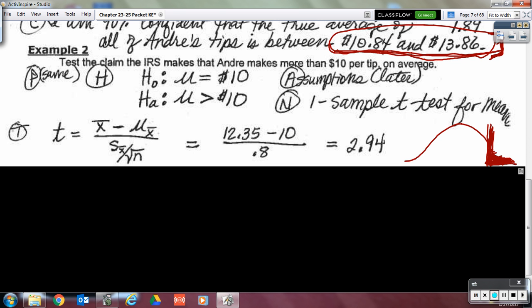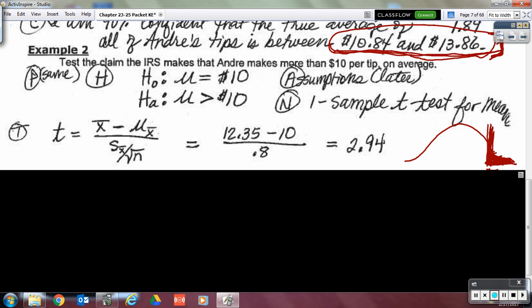So we have to get a t-score. Here, you don't have to write this formula down all the time, but let's do that since this is the first time we're doing it. To get a t-score, we're going to have our x bar minus the mean of the x bars, over the standard deviation over the square root of n. This is the sample standard deviation, which is why we have to use t curves and not z curves.